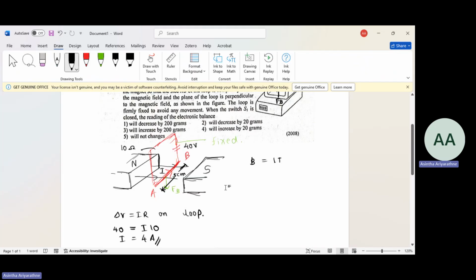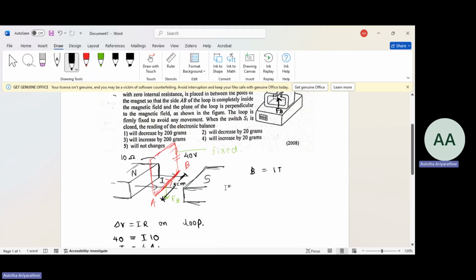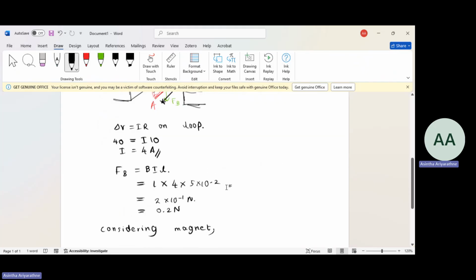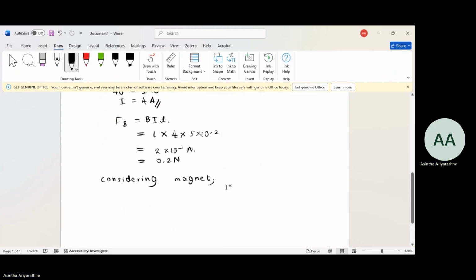Now the magnetic force is applied on the magnet such that it is dragged upward a bit. So the reading of the electronic balance should decrease. But by how much should it decrease?